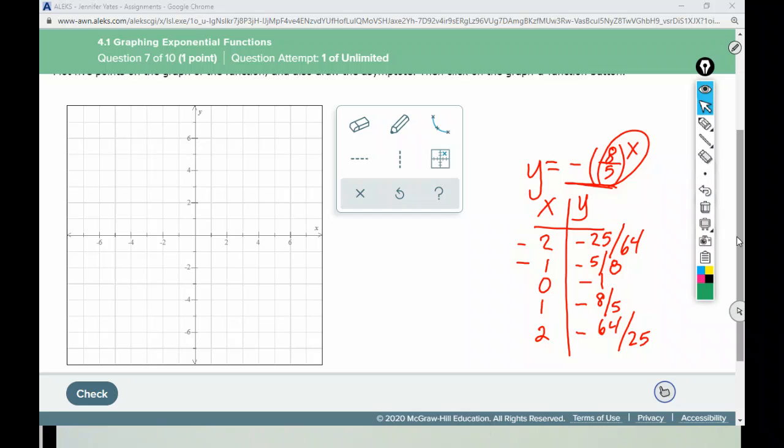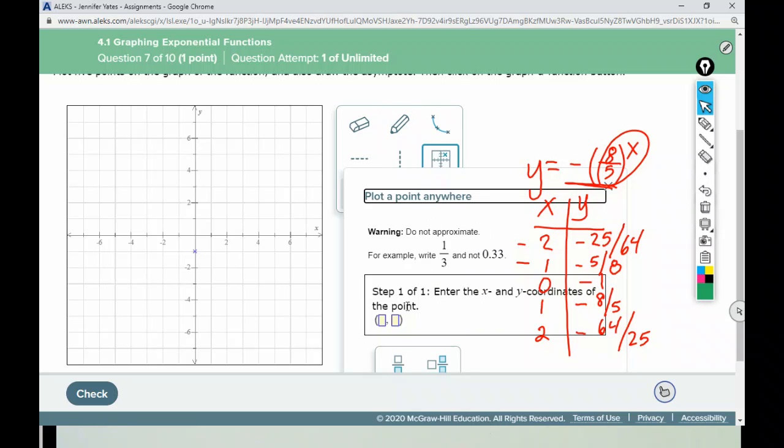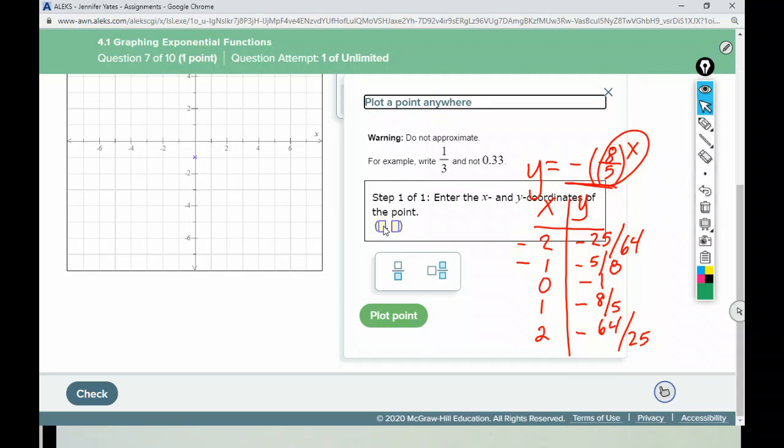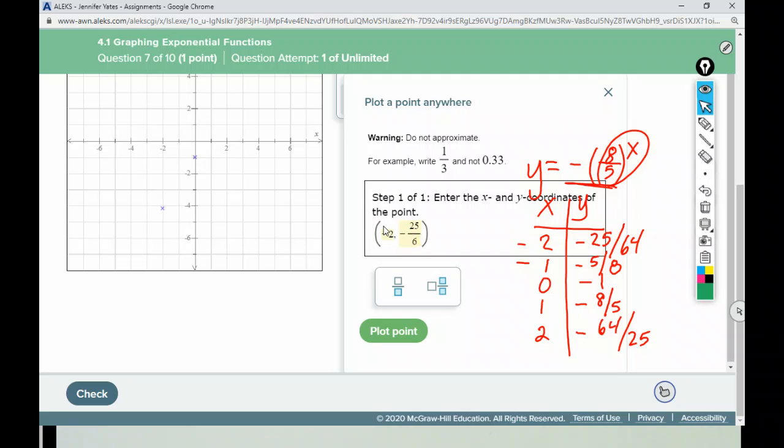Yuck. So on that one, are we going to use that point plotter for every single one of them? You're okay graphing that one? We'll grab it right now. All right, there's 0, -1. Then we have -2 and, goodness gracious, -25/64.